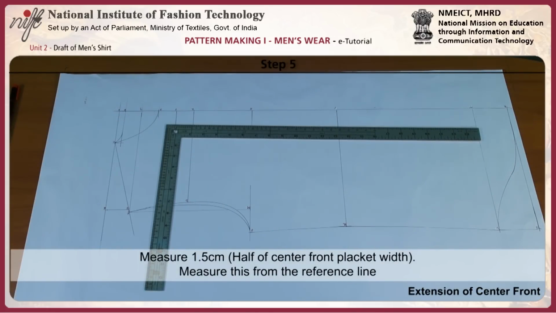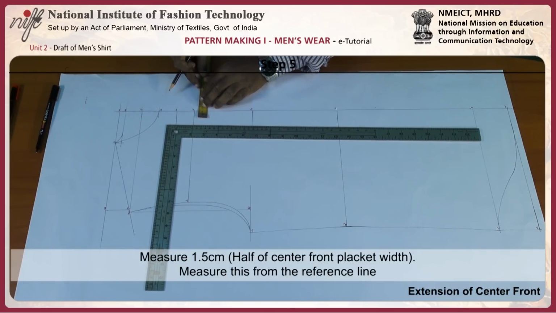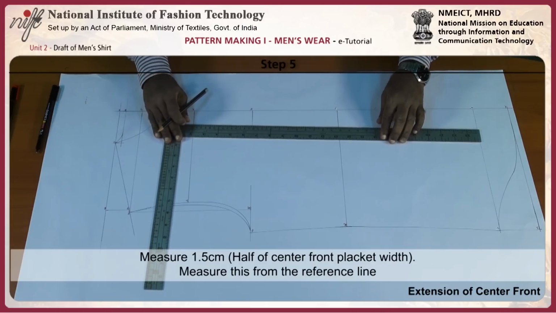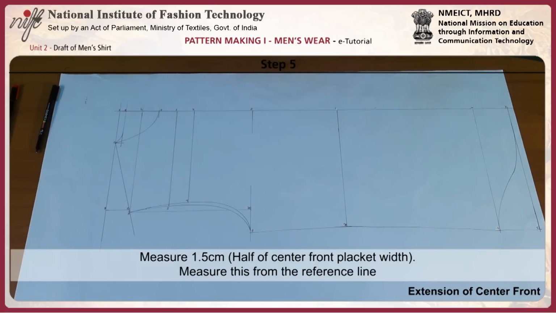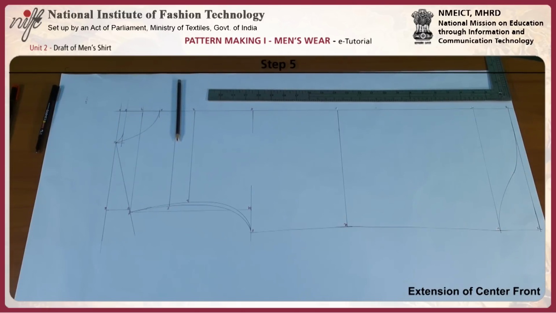Measure 1.5 centimeter, 1.5 centimeter extension, which is half of the center front placket width. It can also be 2 centimeter if it is required.